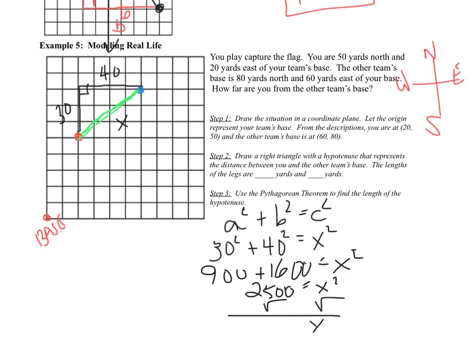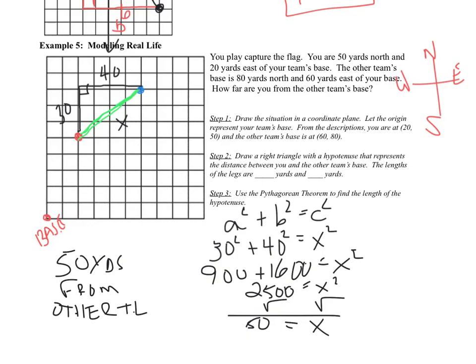If I take the square root of both sides, I get 50 and negative 50. Again, though, we're talking in real life, so we're not talking about any negative answers here. So to answer the question, we are 50 yards from the other team's base.